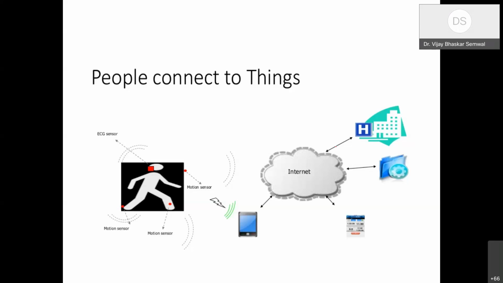In this case, the person is wearing different sensors, like an ECG sensor to record the heart, an EEG sensor for the brain, an EMG sensor for muscle activation, and motion sensors over different parts of the body. These sensors sense omnidirectionally, and then they send the data over a mobile phone, which publishes the data over the internet and performs basic computation to assess your health from the body motion data we have captured.